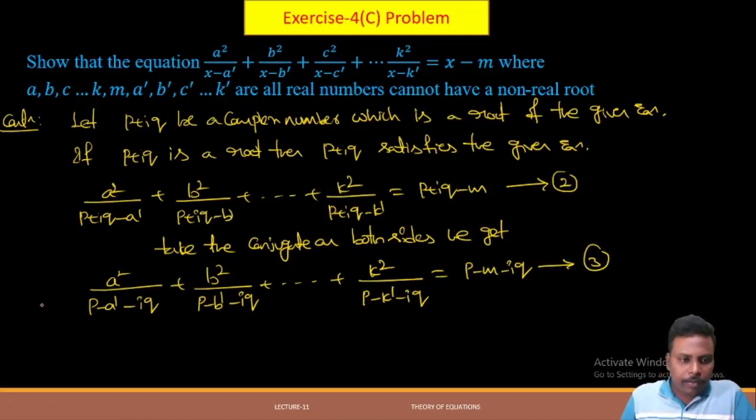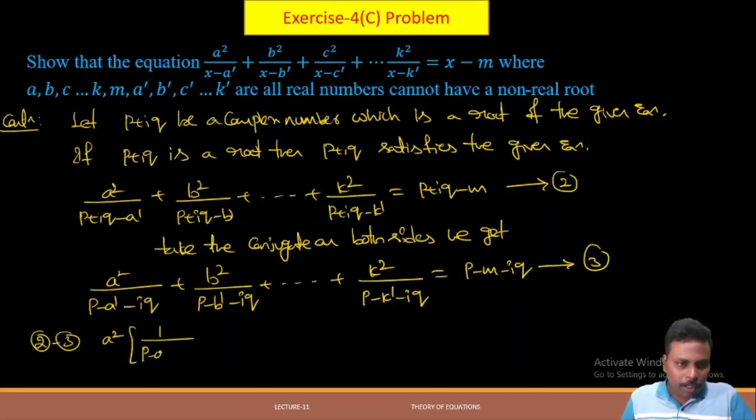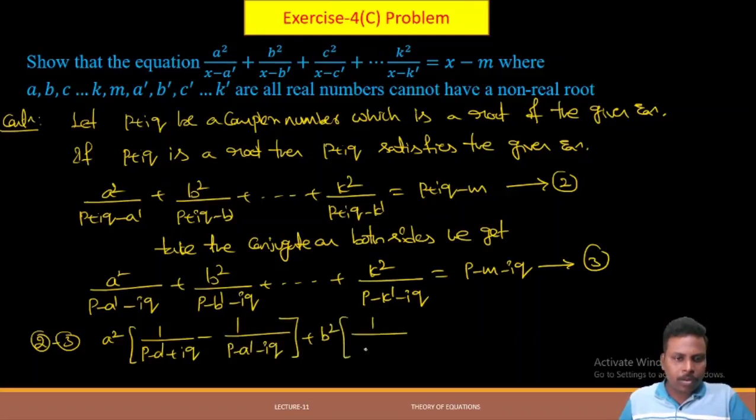If I subtract equation 3 from equation 2, we get a square into 1 divided by p minus a dash plus iq minus 1 divided by p minus a dash minus iq, plus b square into 1 divided by p minus b dash plus iq minus 1 divided by p minus b dash minus iq, and so on up to.